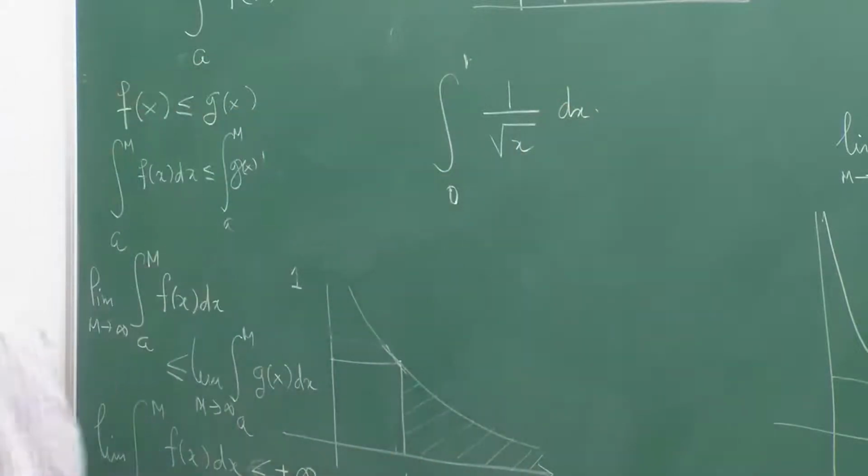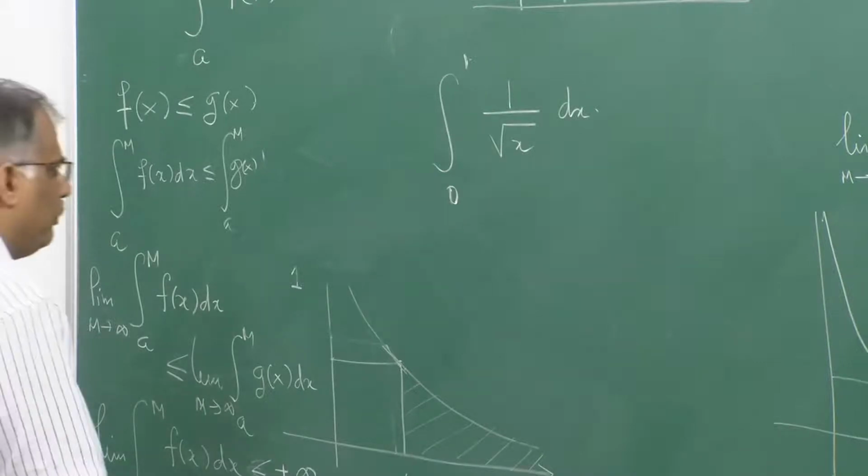Of course, root x is defined at 0, but 1 by root x is not. So, it will become a meaningless thing, 1 by 0, if you are looking at the lower boundary. But in between, 1 by root x is properly defined. So, how do you handle this situation?